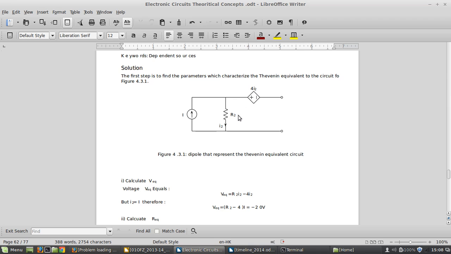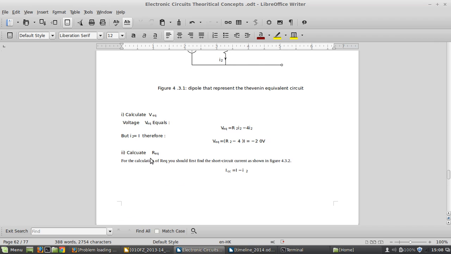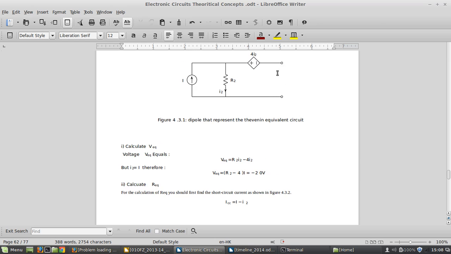But I2 equals I. How can you say that? I2 equals I because no current is flowing through here, since it's an open circuit. This current only has one path, through R2. It doesn't flow through this because it's an open circuit here. So I2 equals I, and lastly you find V equivalent.